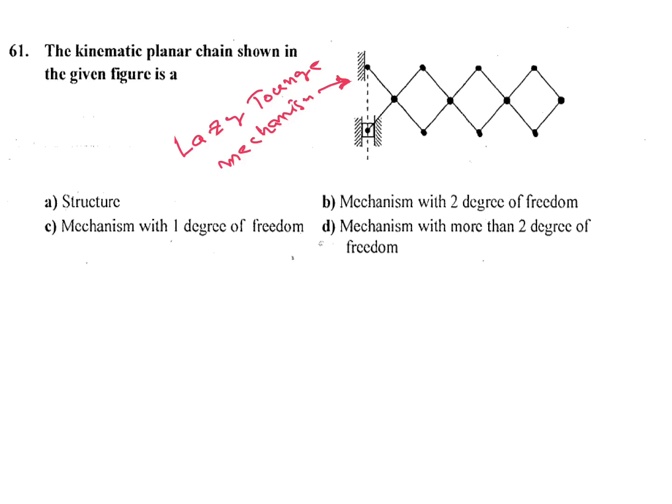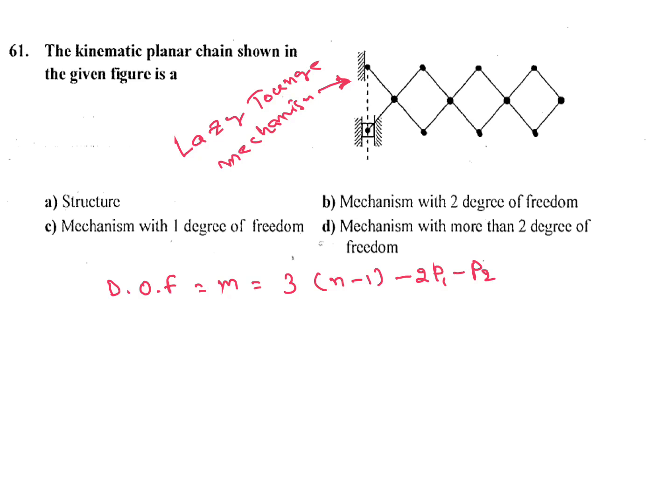So we will calculate. Our formula is degree of freedom or mobility M equal to 3 into n minus 1, minus 2 P1 minus P2. P1 is number of lower pairs and P2 is number of higher pairs.